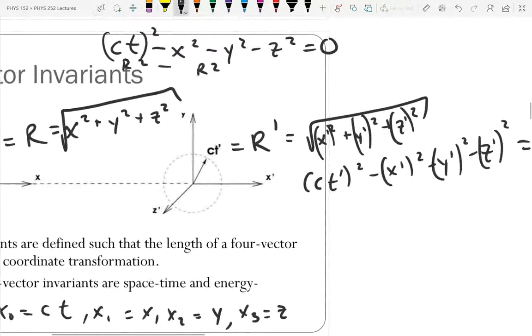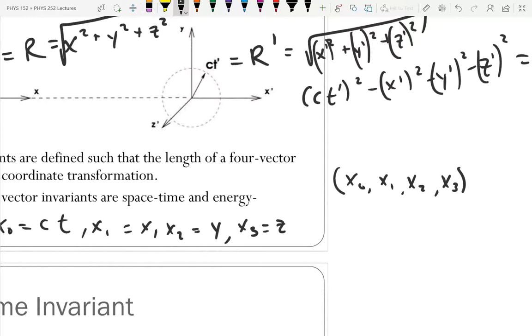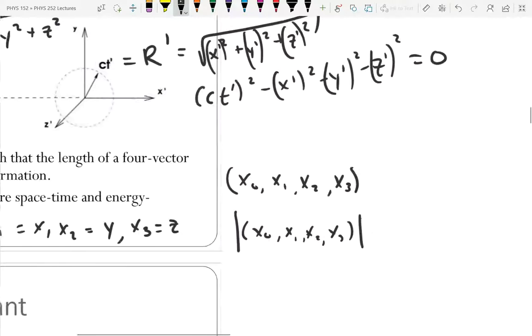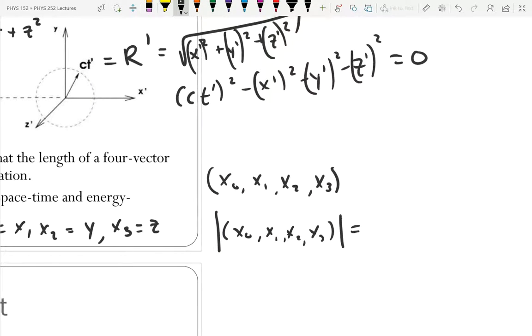So I can define anything in terms of x0, x1, x2, x3. That's a 4-vector. And we say the magnitude of this is equal to x0 squared minus x1 squared minus x2 squared minus x3 squared.